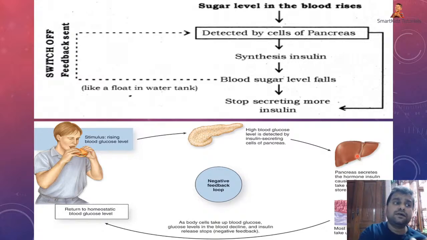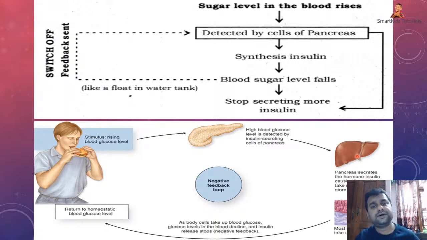So by secreting this insulin, it acts on the liver to get this sugar converted to glycogen and stored over there. On the other hand, the remaining part of the sugar is taken up by cells. So very little sugar is remaining.